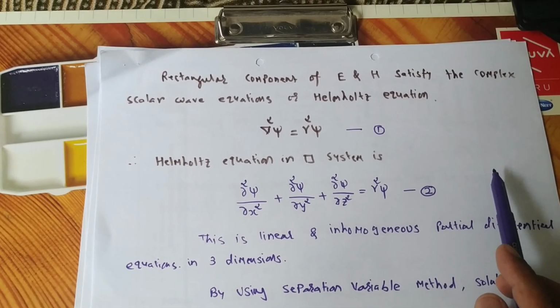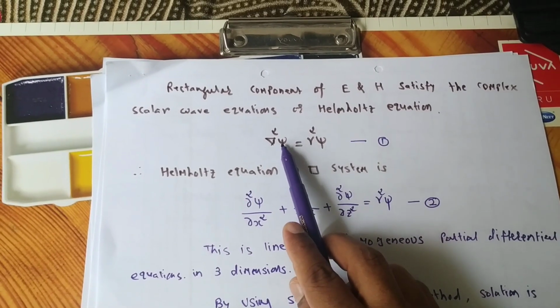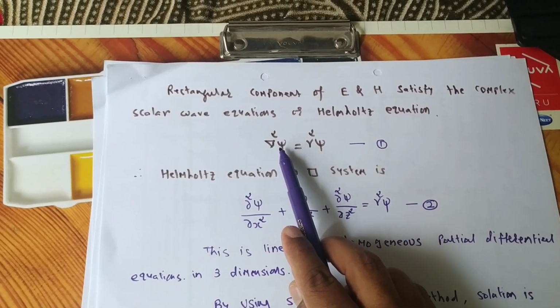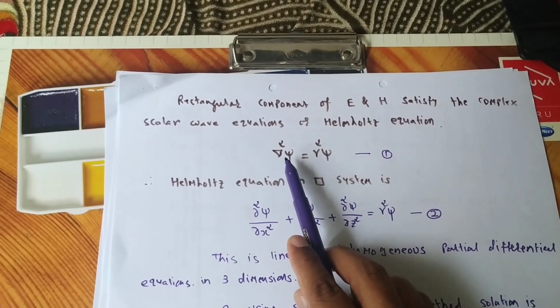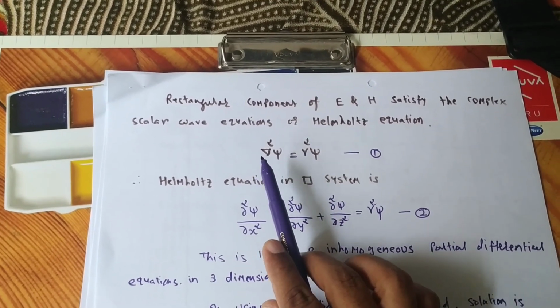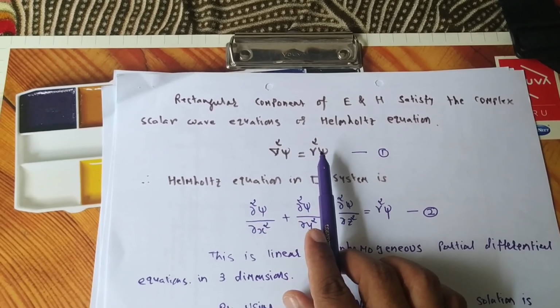This is considered as the Helmholtz equation or complex scalar wave equation, and we are trying to find this variable sigma.